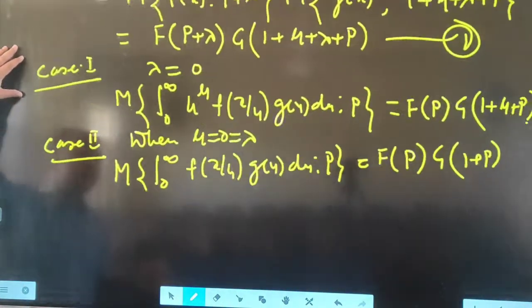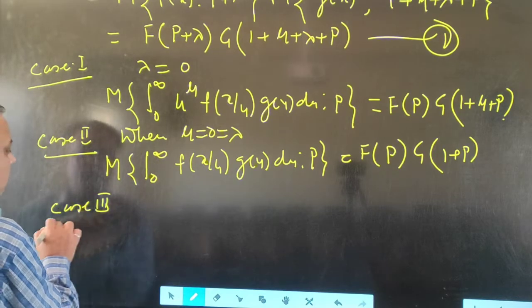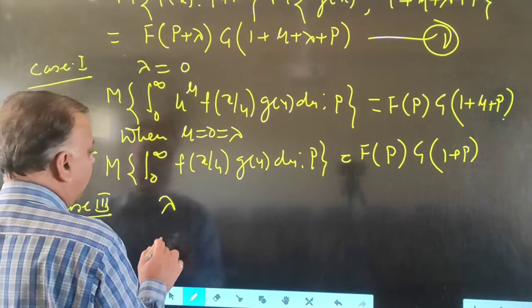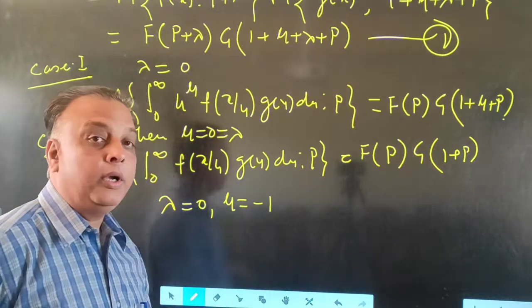Now one important case is case third, when lambda is equal to 0 and mu is equal to minus 1. This is an important case.